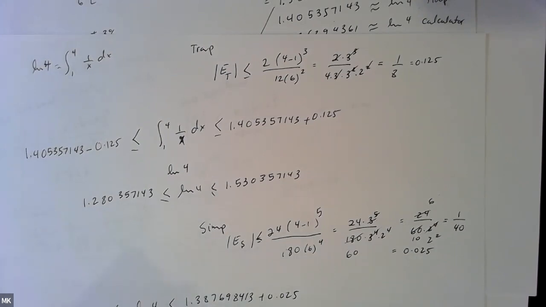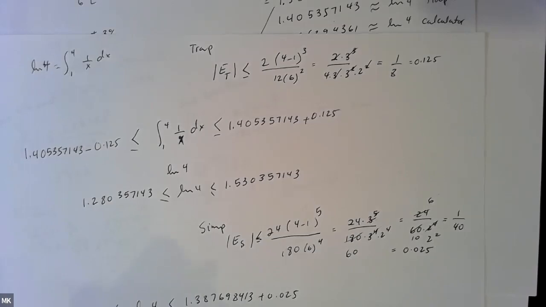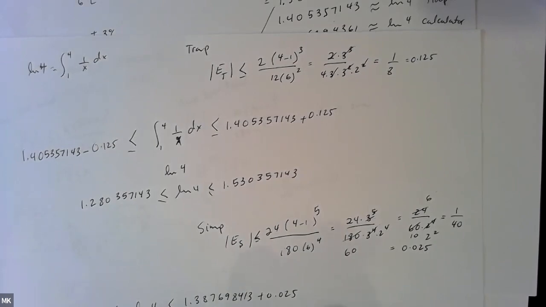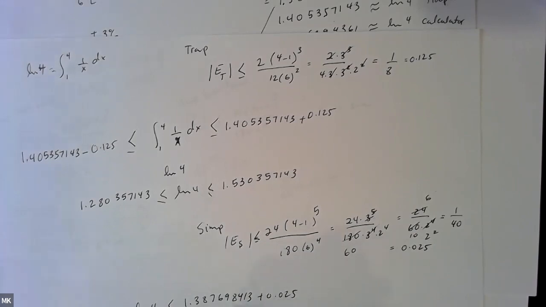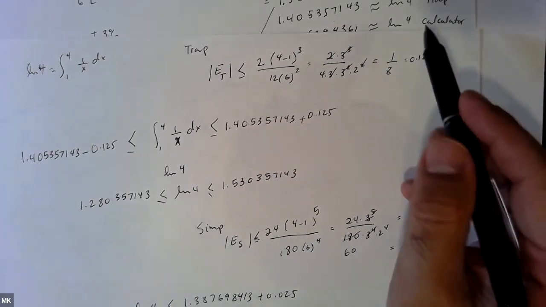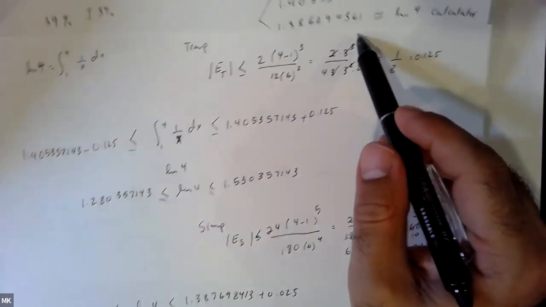So this one's going to be 1.362698413, and if I added, 1.412698413. I just added.